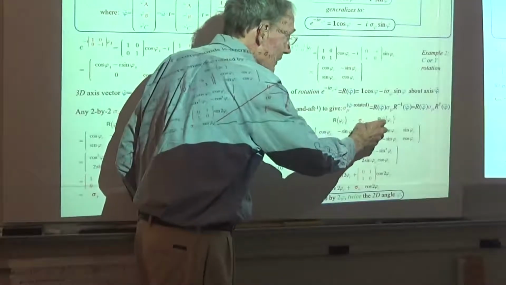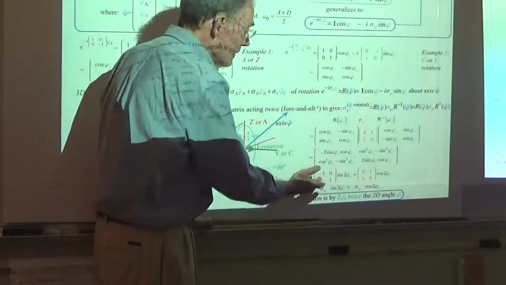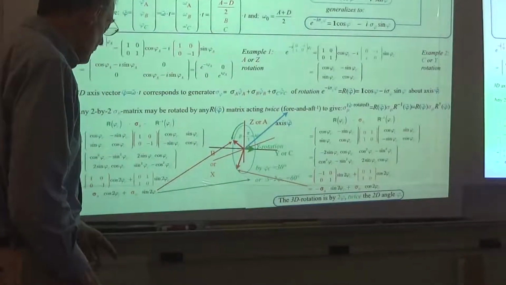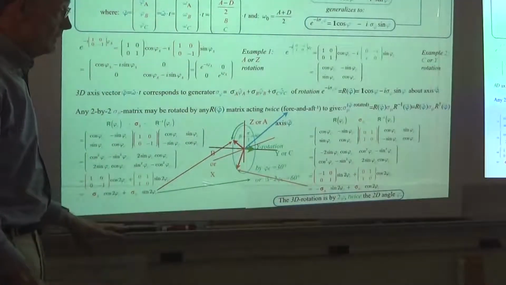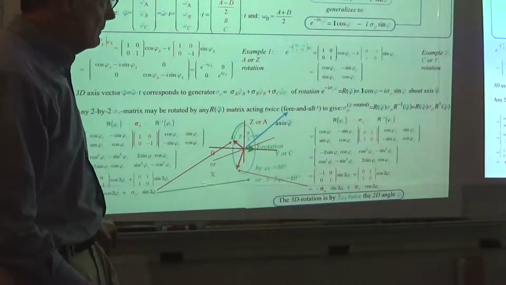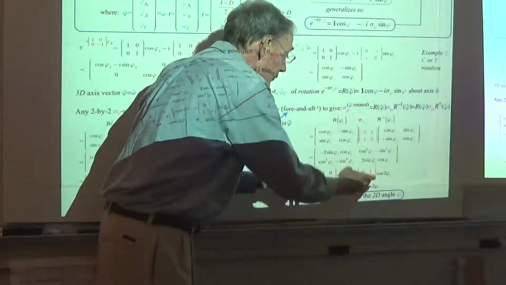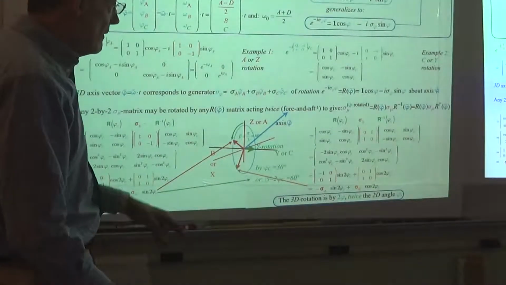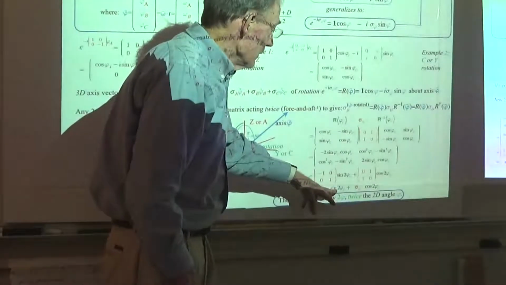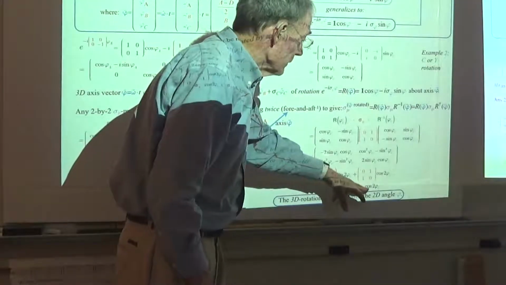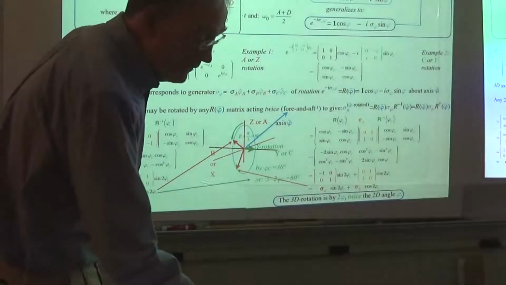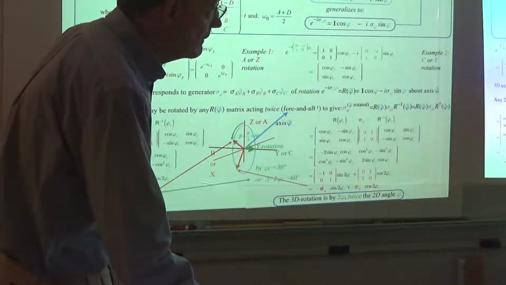But this is the one I happen to be giving the minus sign to, and it's the one that gives me this combination. Again, a sine and a cosine of twice the angle of rotation, but this time it's involving these two vectors in the way you see it. A minus with a sine and a plus with a cosine of twice the angle. It's always twice. And that's something that we have to get used to.